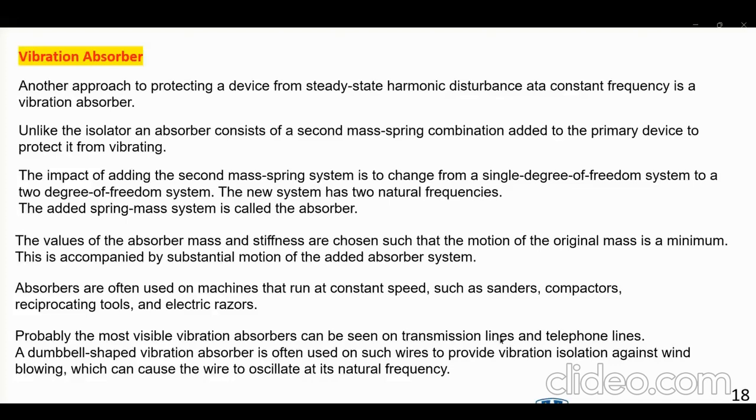You may have seen transmission lines which something is hanging from it, like on the cables and telephone lines. You see that there is some gadget that's hanging there. It's a dumbbell-shaped thing, and that is a vibration absorber. Instead of the cables vibrating violently, the cables kind of stay put or reduce their vibration amplitude, but this dumbbell keeps vibrating in one way or other.